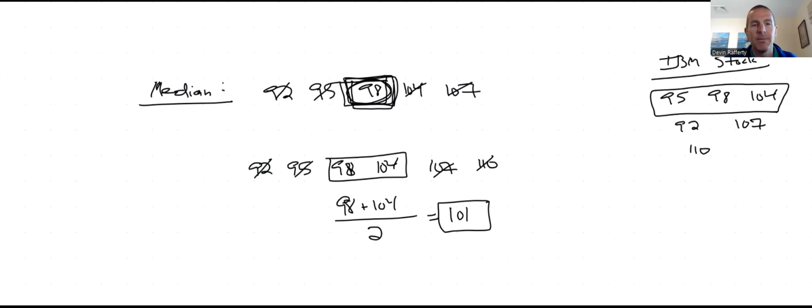But when you have an even number of observations, 1, 2, 3, 4, 5, 6, 6 is an even number, your median may or may not be in your data set. When you have an even number, you have to take the mean of the two middle numbers. So you have to do 98, 104. Once you calculate that mean, then you have your median.